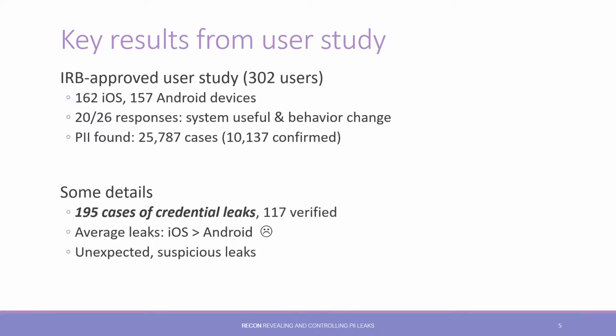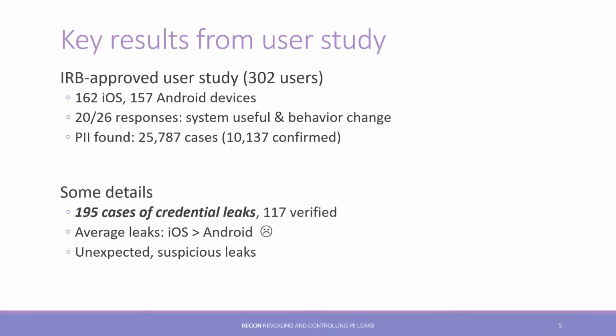All told, we found 25,000 cases of personal information being leaked. Over 10,000 of them have been confirmed by our users. Within that set of personal information, we've seen 195 cases of users' credentials being leaked. Over 100 of those were verified.